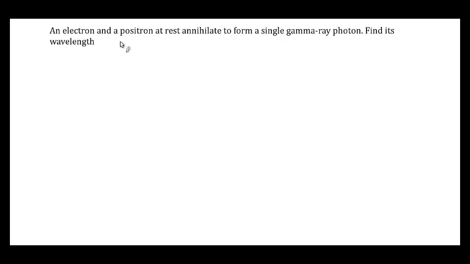energy expressions. So what has been given to you? An electron and a positron annihilate, or they react to give a gamma photon. So you need to determine the wavelength at which this gamma photon is coming out. It is simple.